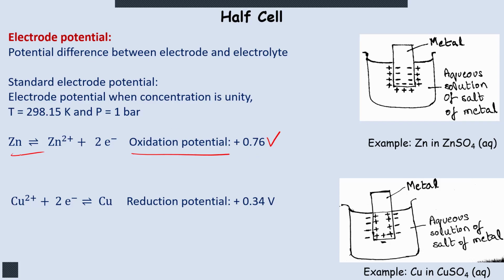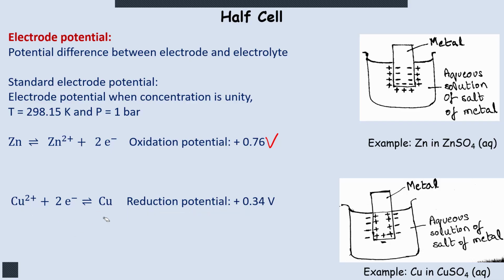Oxidation potential corresponds to the oxidation reaction, and it is a measure of tendency for oxidation. Okay, so now in case of metals like copper, more of reduction happens and the respective electrode potential is a reduction potential, and reduction potential corresponds to reduction reaction. It's a measure of tendency for the reduction reaction.